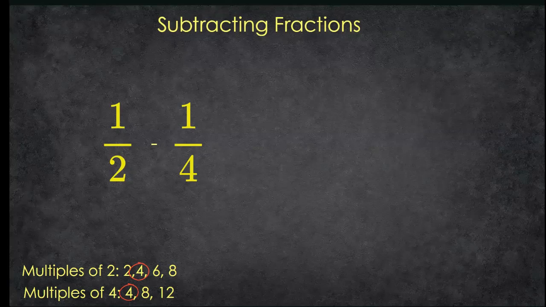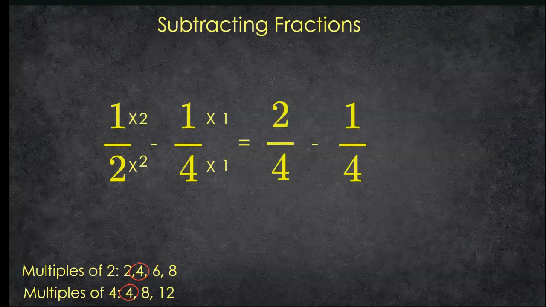So to get those fractions into fourths, I'm going to multiply 1/2 by 2. And 1/4 is already in fourths, so I do not need to change it. It'll be multiplied by 1. So my new equivalent fractions are 2/4 minus 1/4, and that's going to give me a total of 1/4, and that'll be my difference.